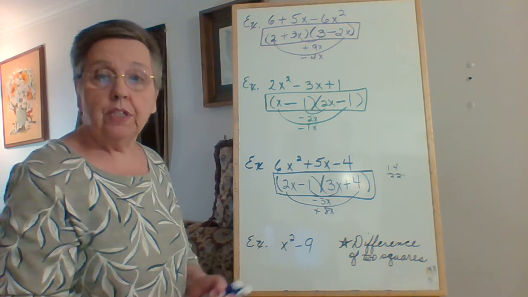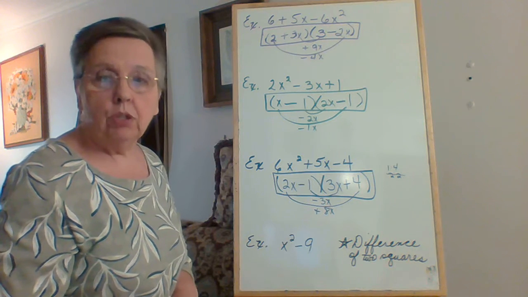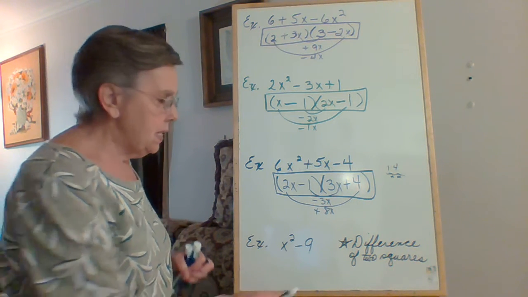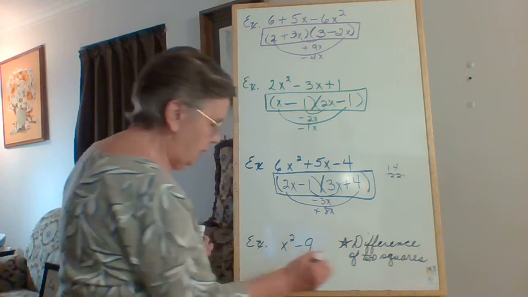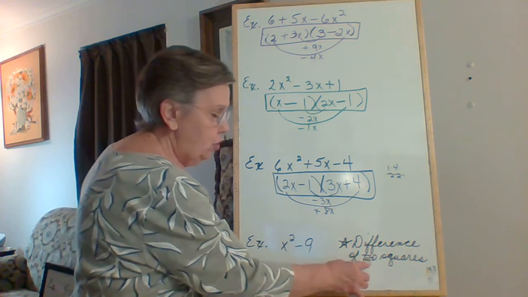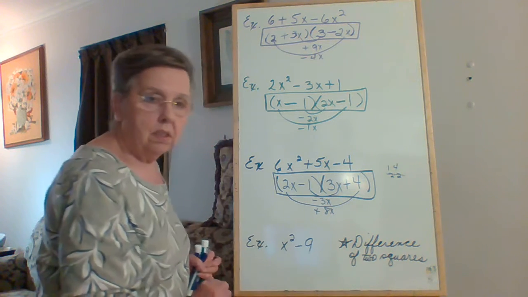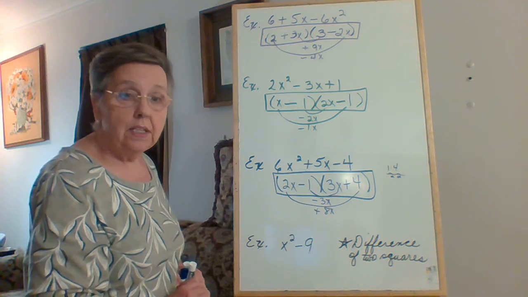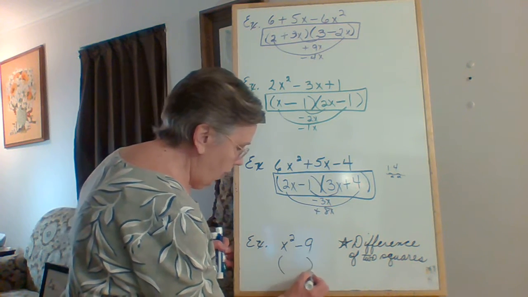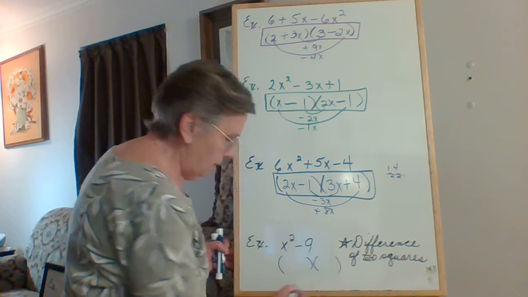That's also a perfect square. 3 times 3. So therefore, we call problems like this the difference, because it subtracts, of 2 squares. This is the difference of 2 squares. We still put our 2 parentheses.